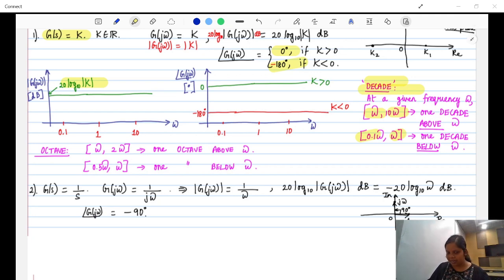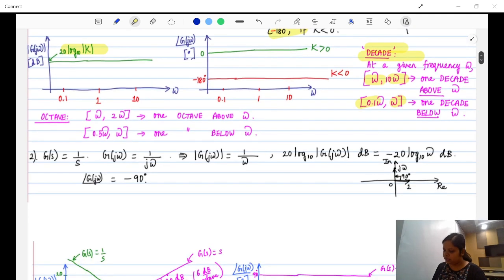Equivalent to this decade, we have a concept of octave. We'll have a question today also, where octave is like omega to 2 omega or 0.5 omega to omega, a factor of 2. So it is 1 octave above omega, 1 octave below omega.